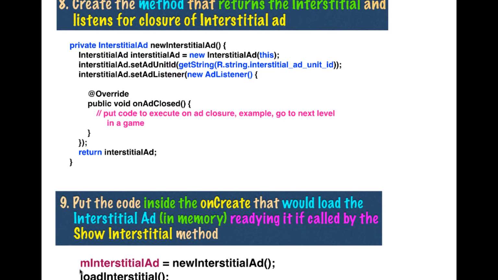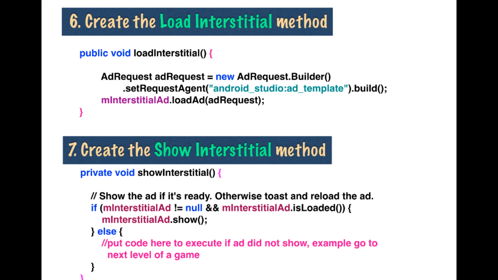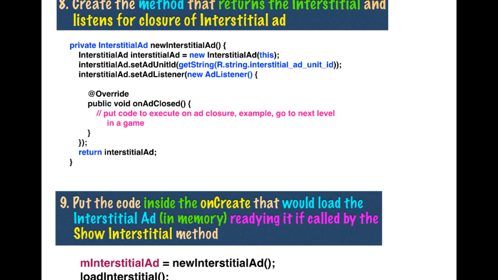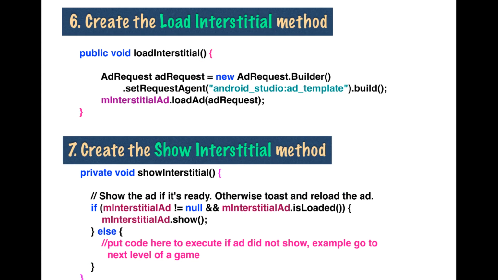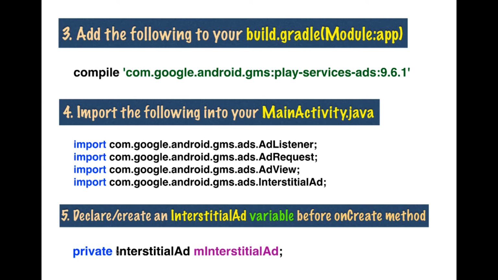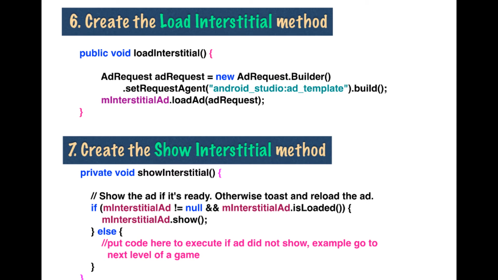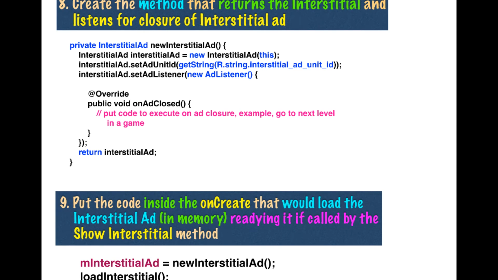So what you do is, first, since you have created in number 5 the variable for interstitial ad, you call that variable inside the onCreate here.